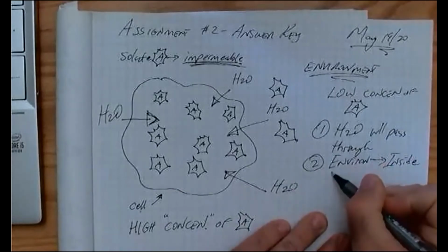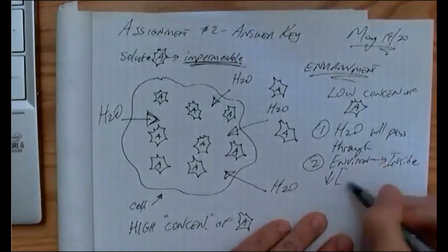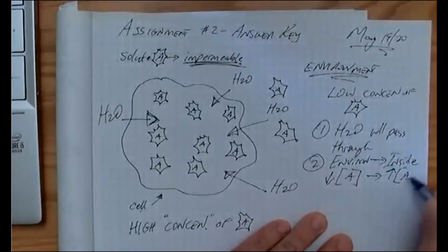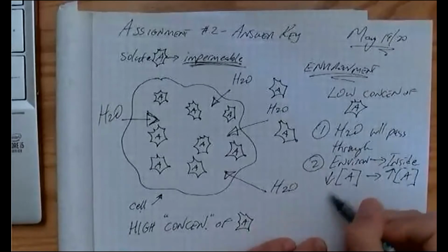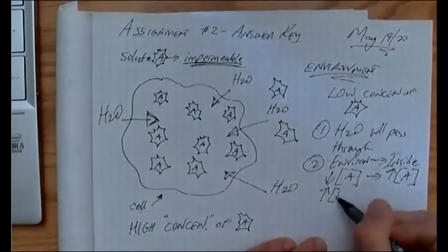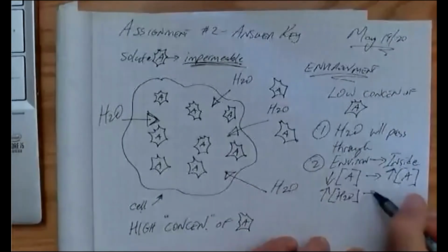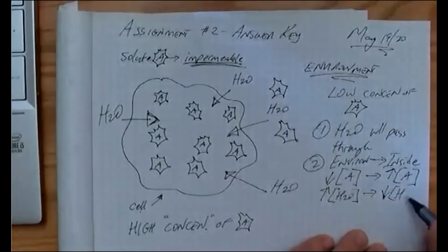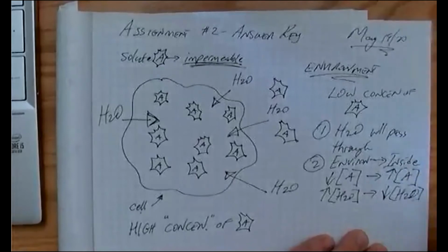You could also say from low concentration of A to high concentration of A. You could also say high concentration of water to low concentration of water. That's a story for another day.